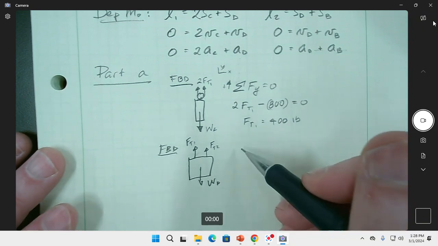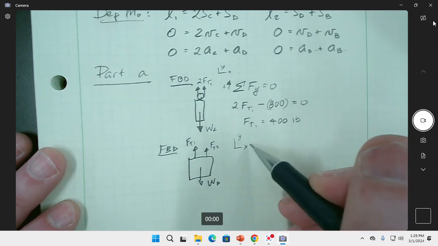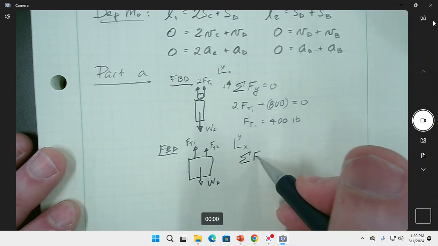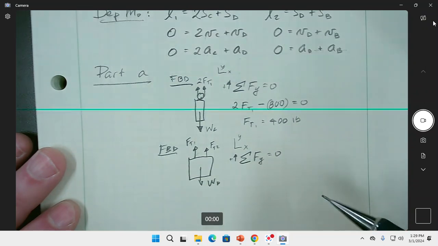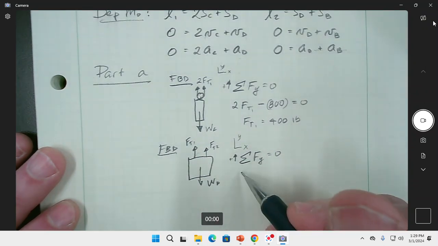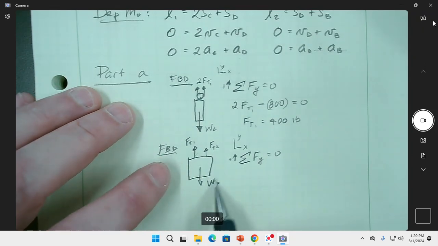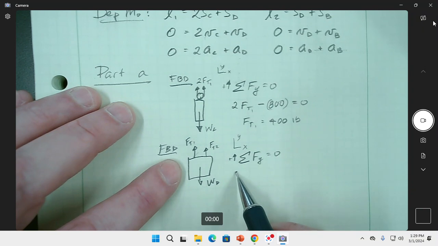Still makes me feel like we're being mean to this waiter. So we're going to have, again, I could probably keep these as variables and write that out, but let's just go ahead and put in what we already know.